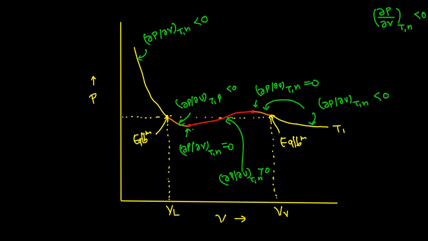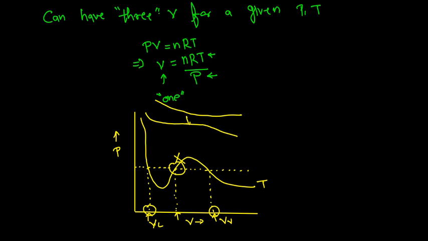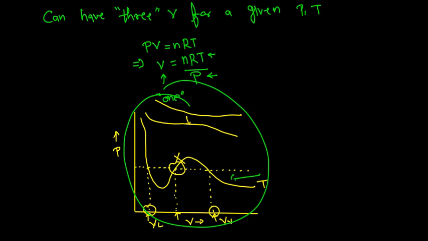So the system is unstable in the portion which is shown in red. Now let me very carefully analyze this curve and compare it with this particular curve. What I observe is I see the same trend.